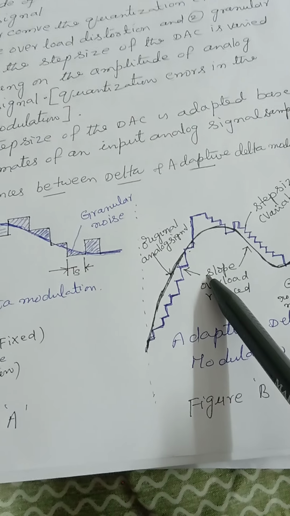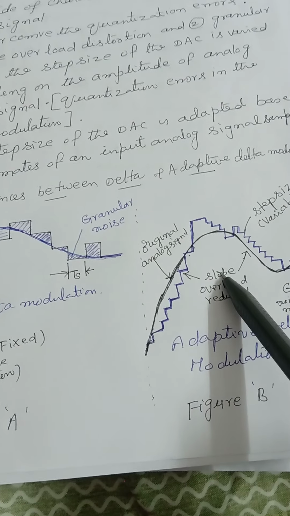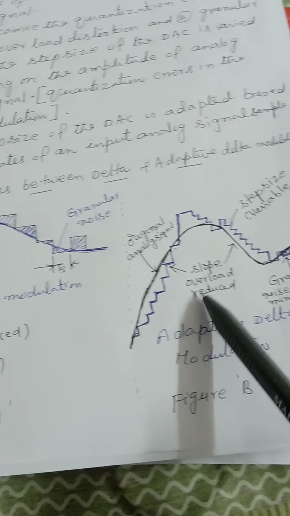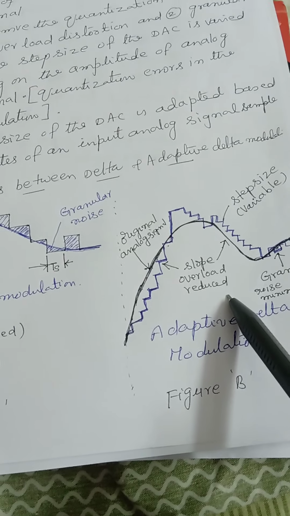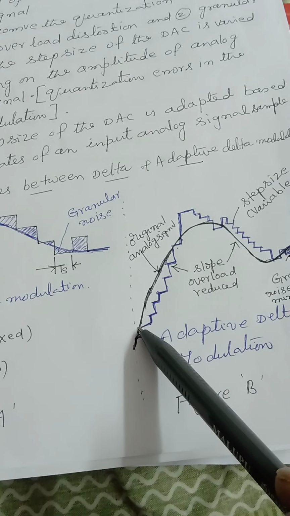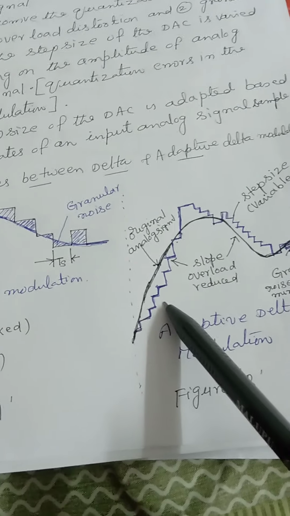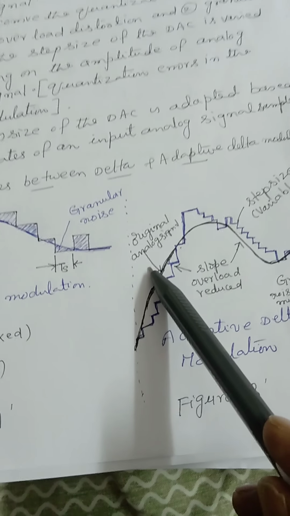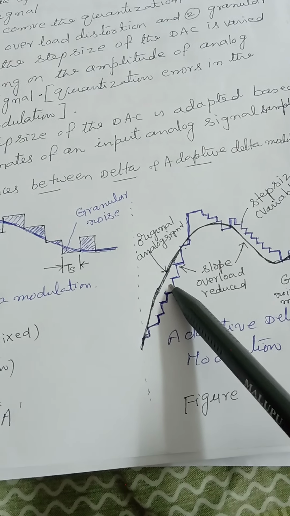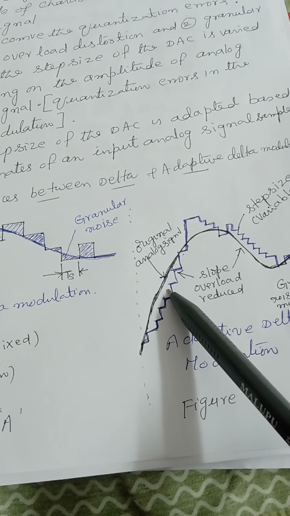Once again, I am telling you, slope overload distortion is reduced and granular noise is also reduced by varying the step size of the DAC according to the amplitude characteristics of the original analog signal. This is the major difference.